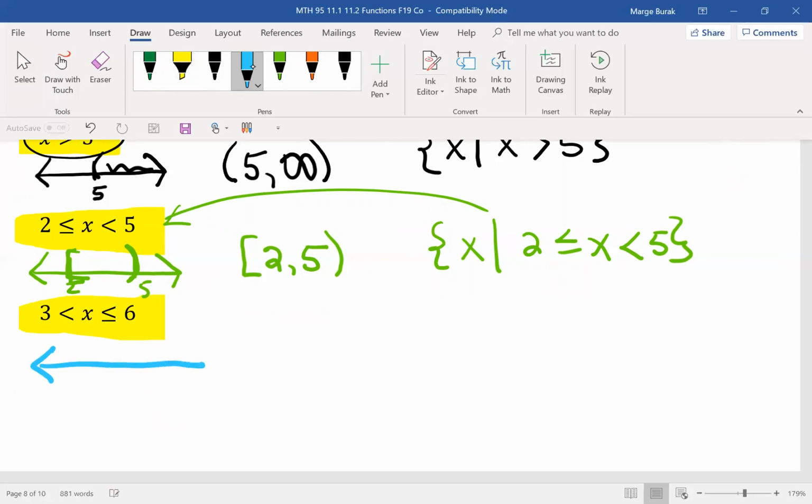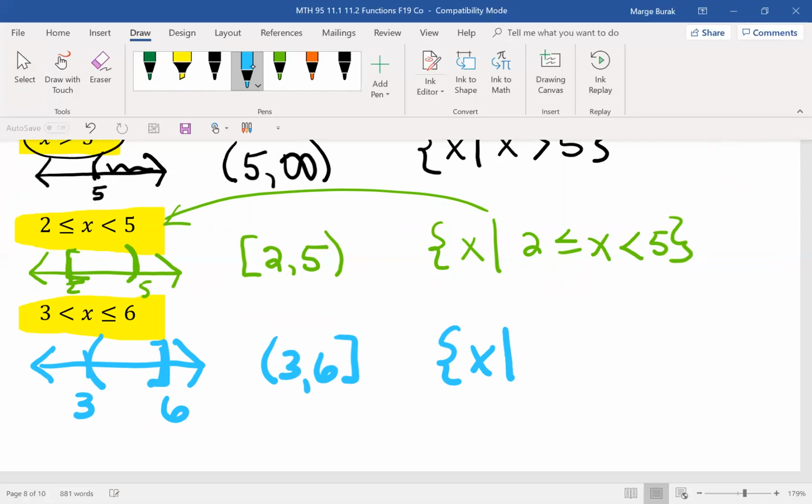I always look at it on the graph first. There's my 3, there's my 6, greater than and less than or equal to. And that tells me to put that and that and that and that. And then this just takes all x such that, and we just rewrite that inequality.